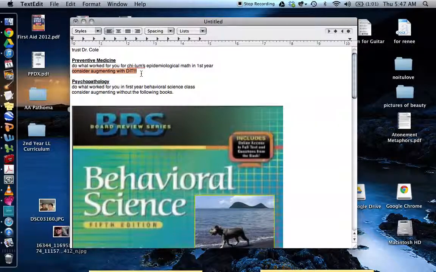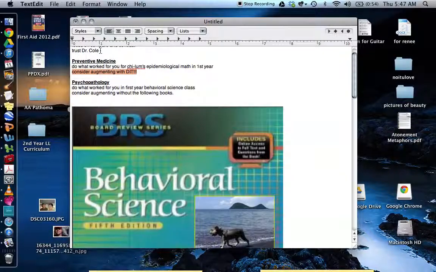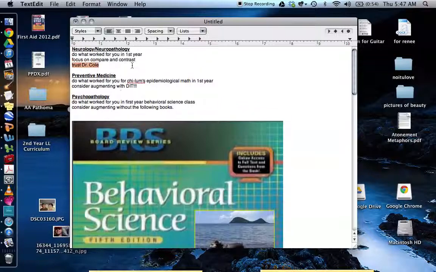Yeah, consider augmenting with DIT, and that goes with anything. If you print that table of DIT lectures, you can quickly get to pretty solid stuff about any topic. Like I said up here, it was trust Dr. Cole for neurology. I didn't do any DIT neurology, and you'll also hear me say trust Dr. Warner for cardiovascular stuff.